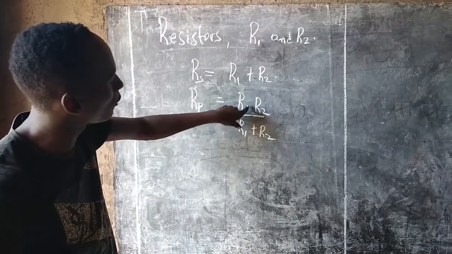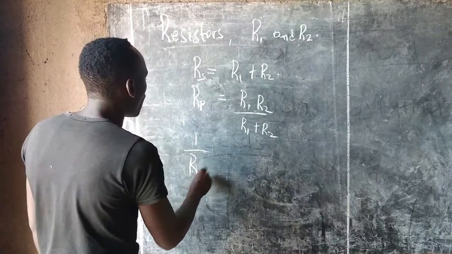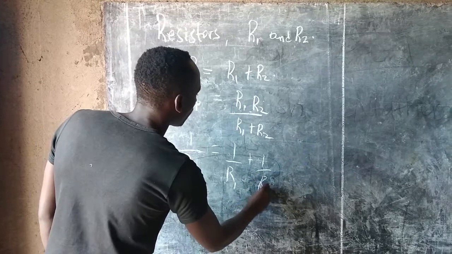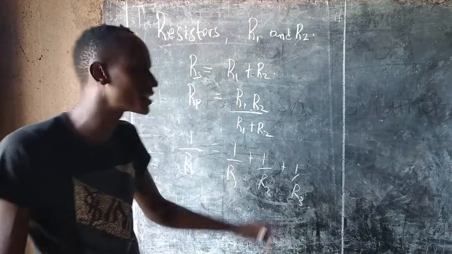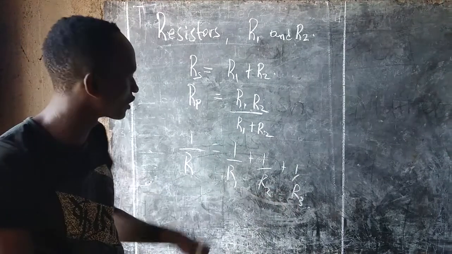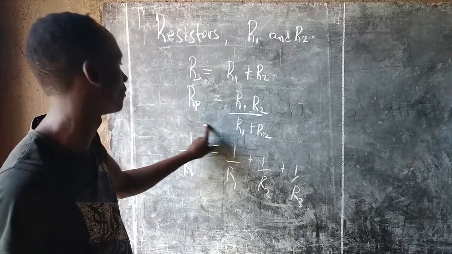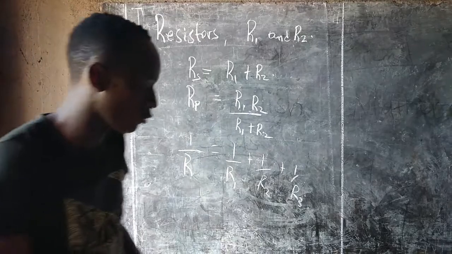If our resistors are more than 2, you know what we do? I shall say that 1 over R equals 1 over R1 plus 1 over R2 plus 1 over R3. That's if they are more than 2 resistors, but for simplicity, if they are just 2 resistors, just come straight away and use this.